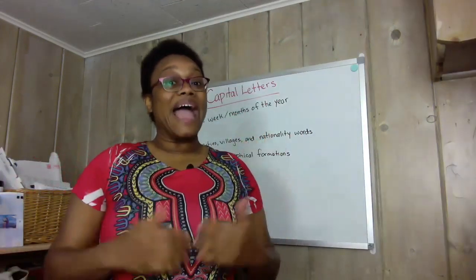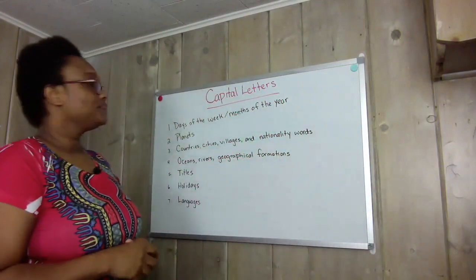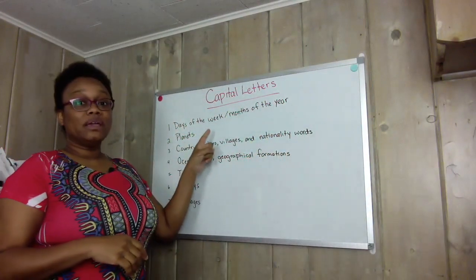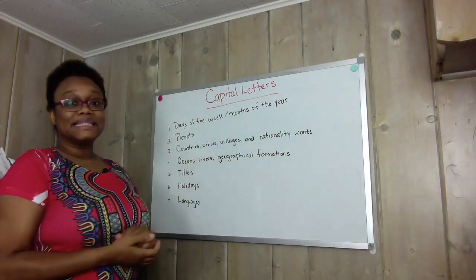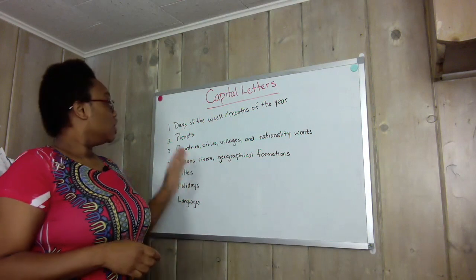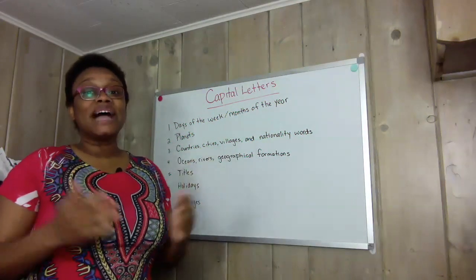So let's look at specifically the 7 groups. Days of the week and months of the year. Planets. Countries, cities, villages, and nationality words.